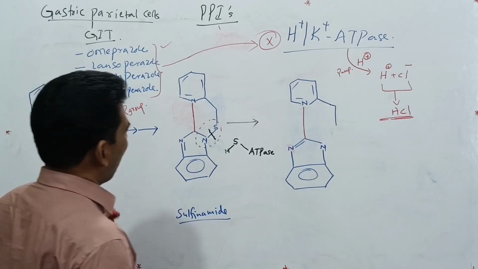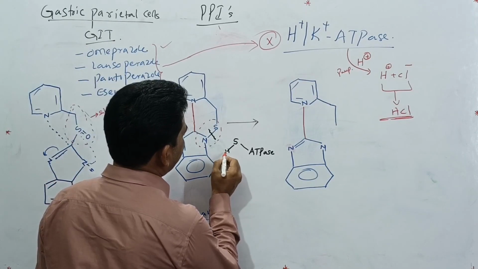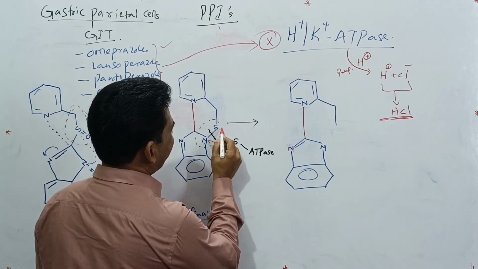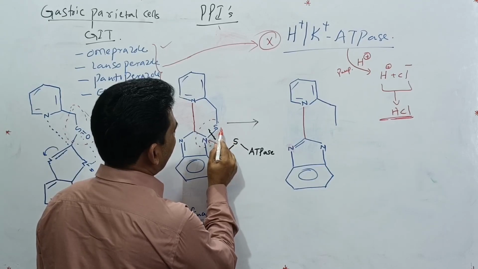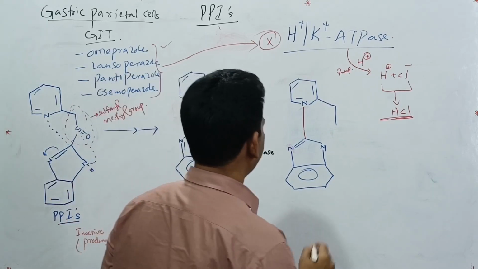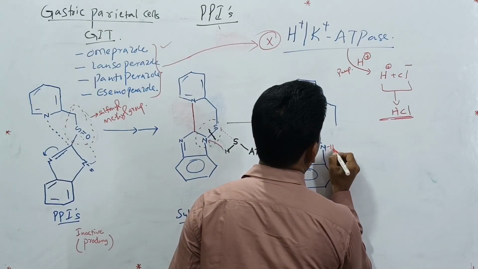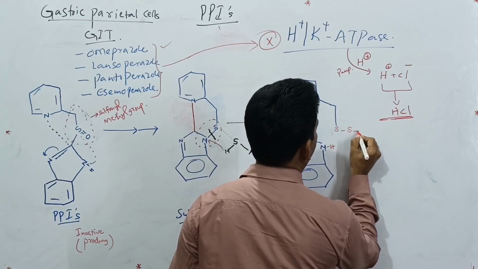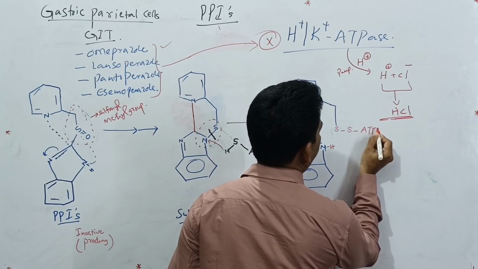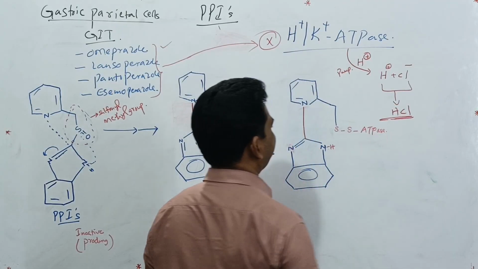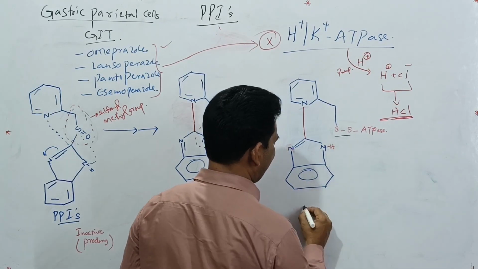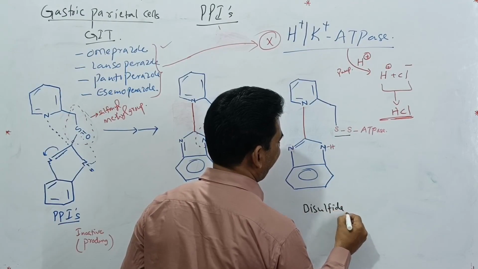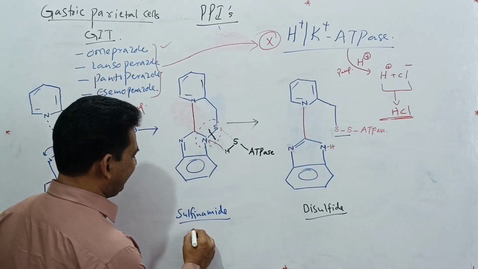This mercapto group does the following: this hydrogen goes to this nitrogen, and this sulfur forms a new bond with the sulfur of the enzyme, ATPase. This type of bonding we call a disulfide. Sulfonamide is the active form.